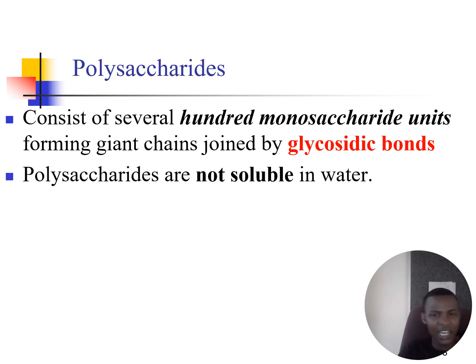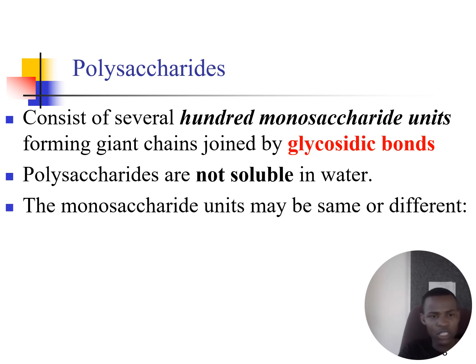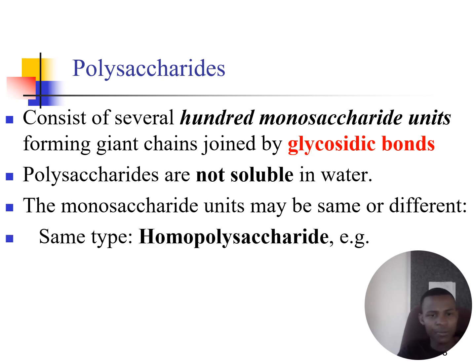For polysaccharides, the monosaccharide units may be the same or different. The same way that you can make disaccharides, you can make polysaccharides from the same molecules, or sometimes from different molecules. When they are the same type, they are called homopolysaccharides. For example, in starch and cellulose, you just use many thousands of glucose.